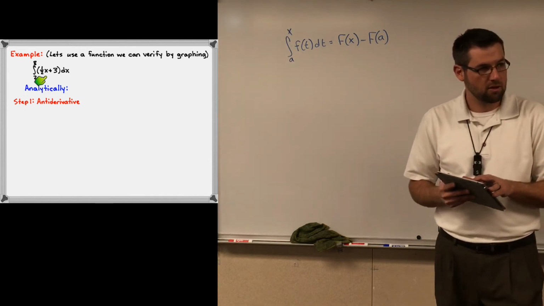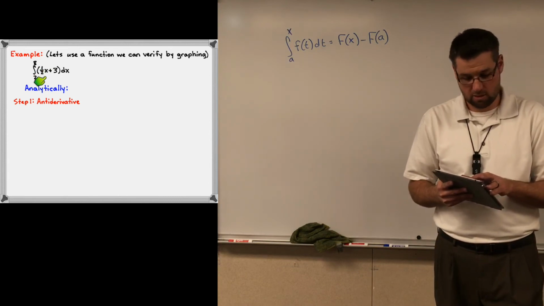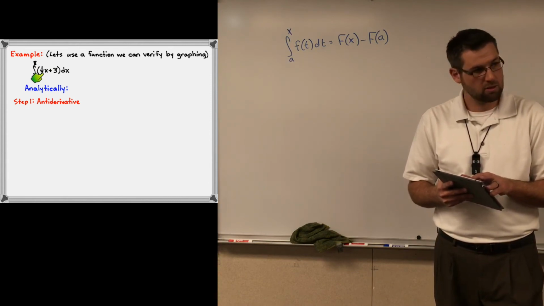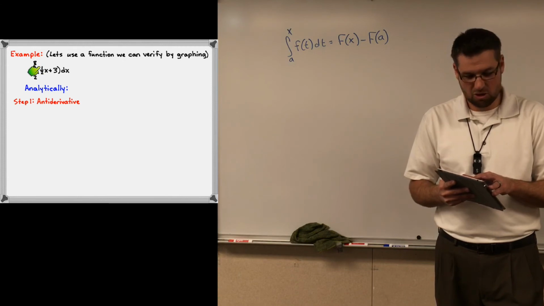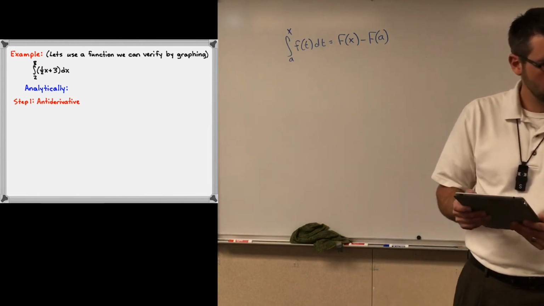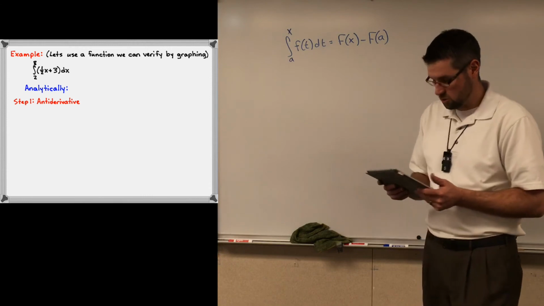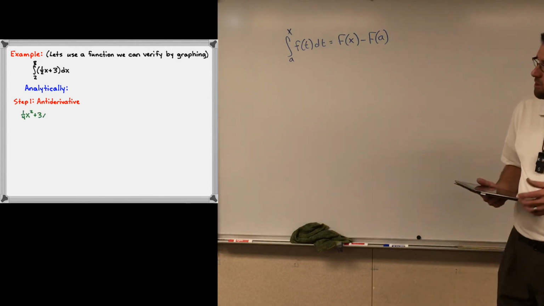You raise the exponent, you add 1 to the power, and you take your coefficient and divide it by your new power. So what did you get? 1/4 x squared plus 3x plus c. Okay, so that's the antiderivative.